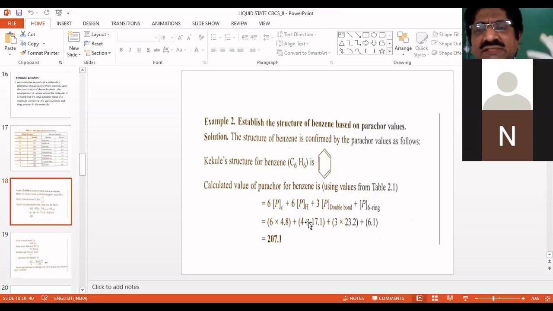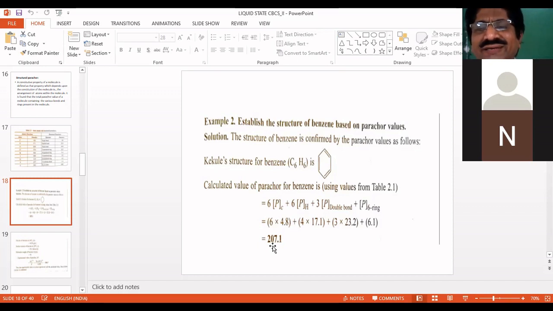So, by using the atomic and the structural parachor, the benzene parachor value will be 207.1. How much is it? It is 207.1. Now, this is based on the atomic and the structural parachor.